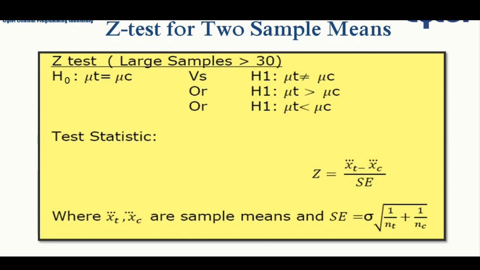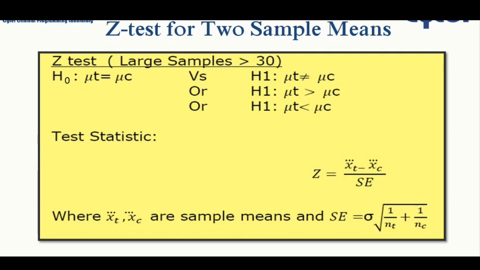If you remember, in one of our sessions, I talked about the central limit theorem: whatever may be the underlying distribution, if you are taking large samples from that distribution and computing the sample means, then under certain regularity conditions, the sample means follow normal distribution.